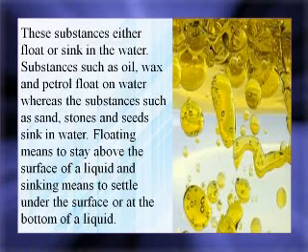These substances either float or sink in the water. Substances such as oil, wax and petrol float on water, whereas substances such as sand, stone and seed sink in water. Floating means to stay above the surface of a liquid, and sinking means to settle under the surface or at the bottom of a liquid.